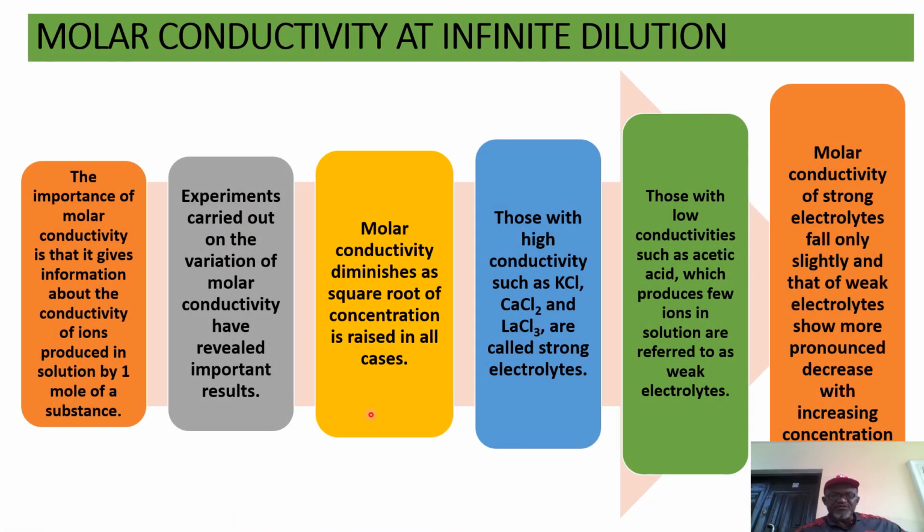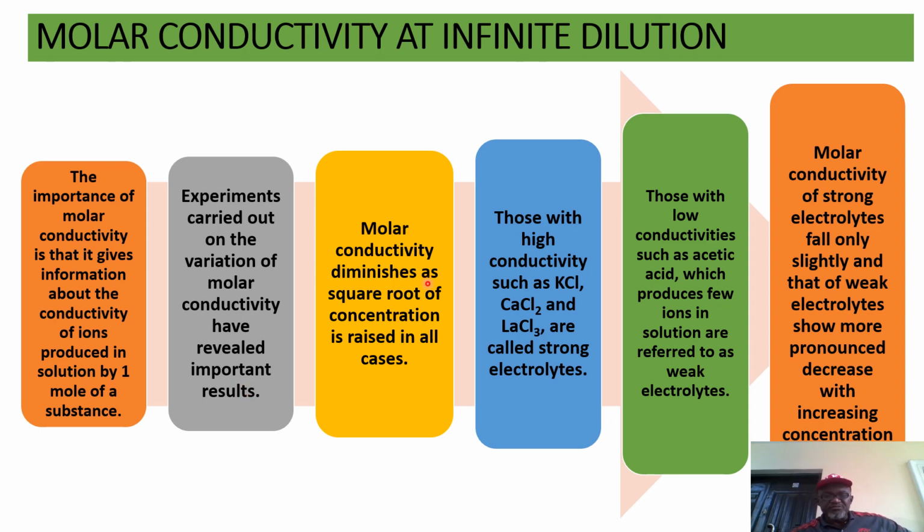Now, molar conductivity at infinite dilution. The importance of molar conductivity is that it gives us information about the conductive ions produced in a solution by 1 mole of a substance. Now, experiments carried out on the variation of molar conductivity have revealed important results. We are going to look at them.